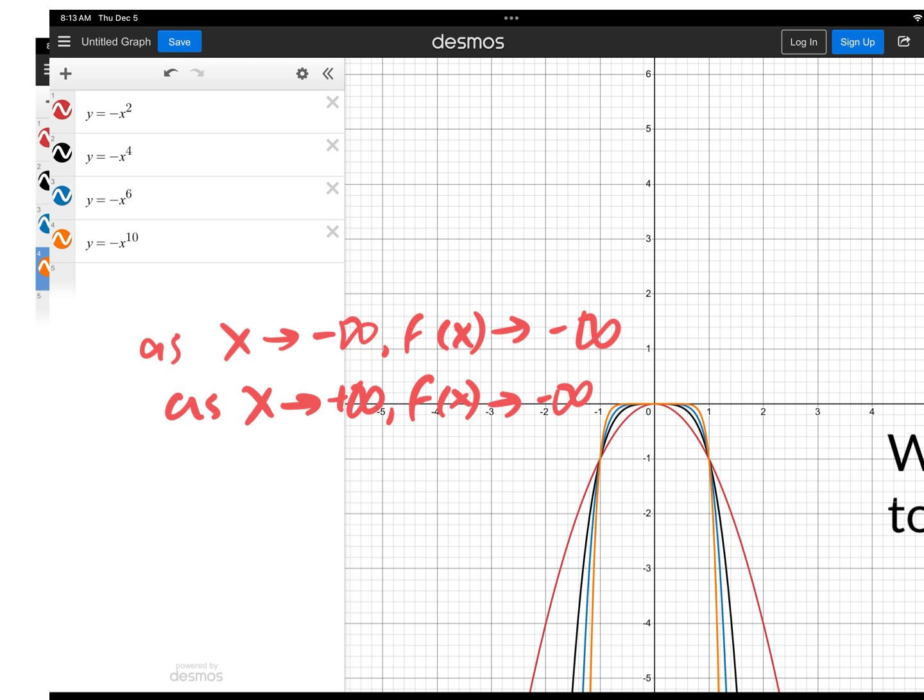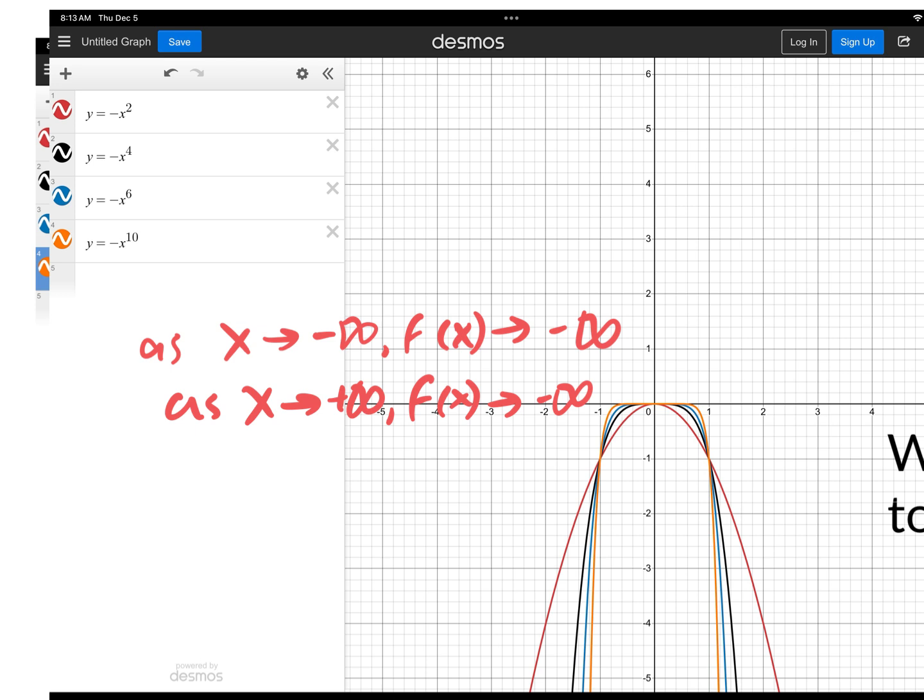Are we getting comfortable with the notation and with the concept? I hope. As x approaches negative infinity, as you go to the negatives on the x, where does your y go? It goes down here in the negatives. So as x goes to negative infinity, y's go to negative infinity. And just a different name for y is f of x. As x goes to positive infinity, where are your y's at? Also negative infinity.